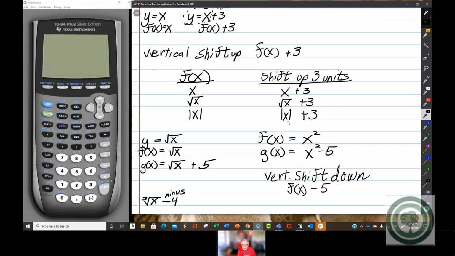The function part stays entirely the same and is not affected by vertical movement or vertical coding. It's not the way it is with horizontal.